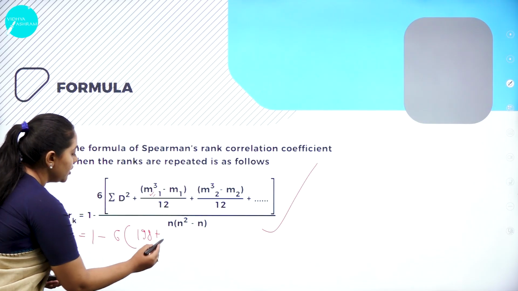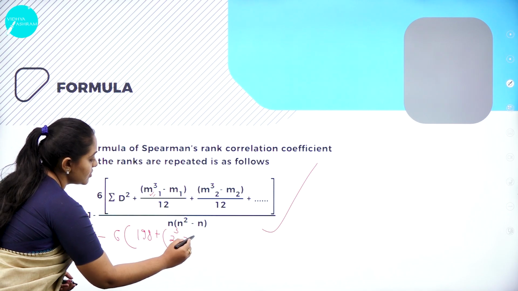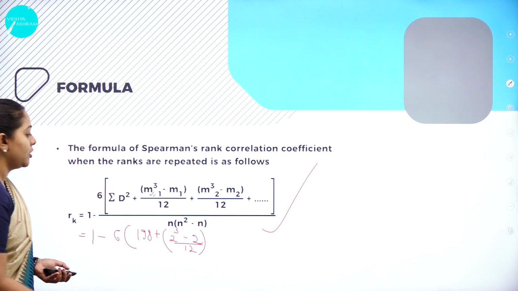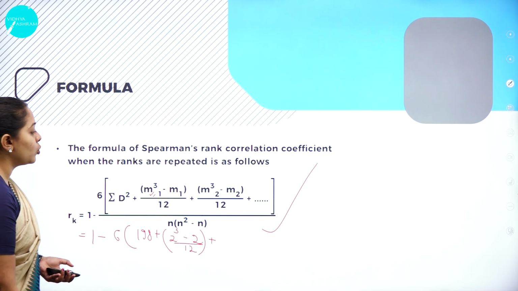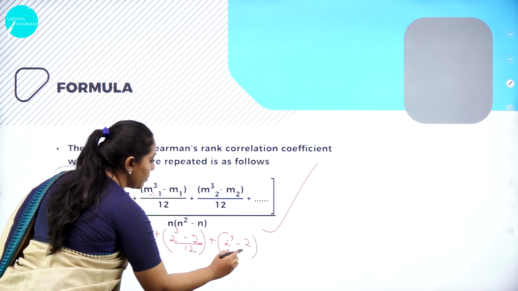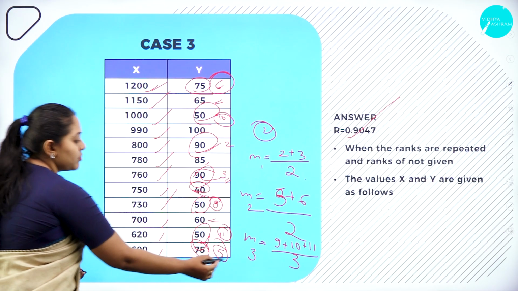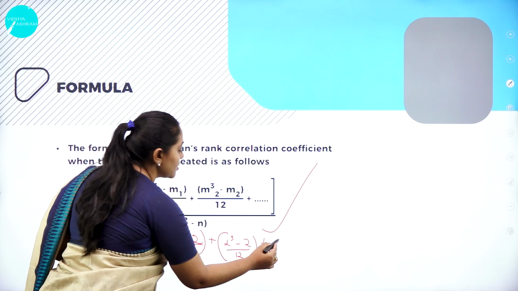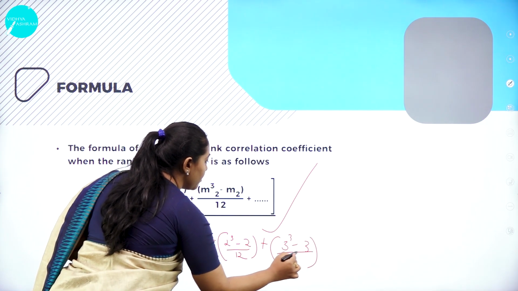So you write 2 cube minus 2 divided by 12, plus again m2 is also 2, so 2 cube minus 2 divided by 12. Again M3 is here, so what is M3? 3 numbers are repeated, so 3 cube minus 3 divided by 12.